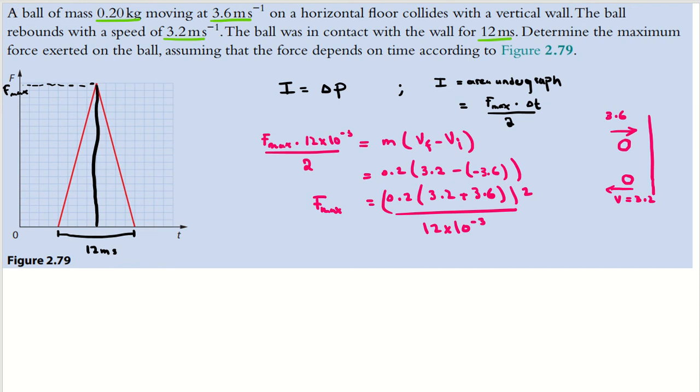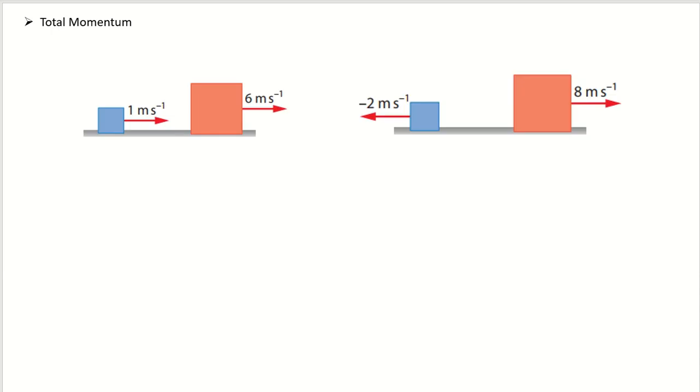Okay, now let's go to finding the total momentum. So sometimes you have more than one object moving in a system. Like here, for example, I have this blue block moving at 1 meter per second, and the orange one is moving at 6 meters per second. I'm going to assume that this is 1 kilogram, okay, and this is 2 kilograms.